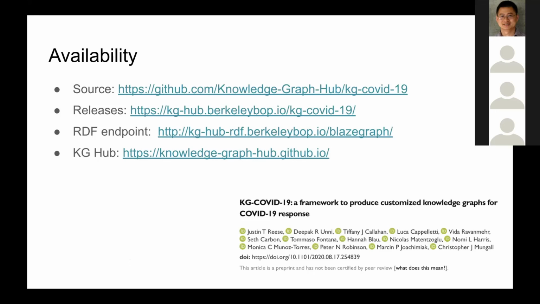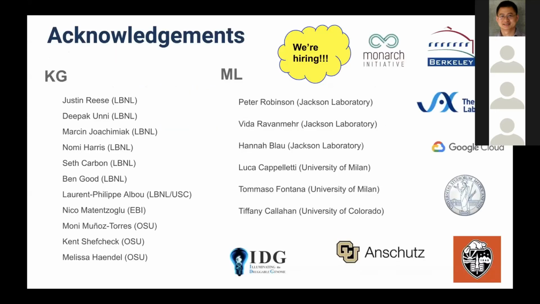We've got a SPARQL endpoint that you can query, do federated queries on. And then we have a link here for our nascent KG-Hub project. And you can read more about this project in the paper. We have a new release up on bioRxiv right now, and it's been accepted for publication in Cell Press Patterns.